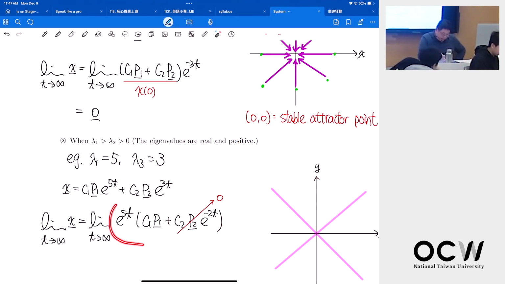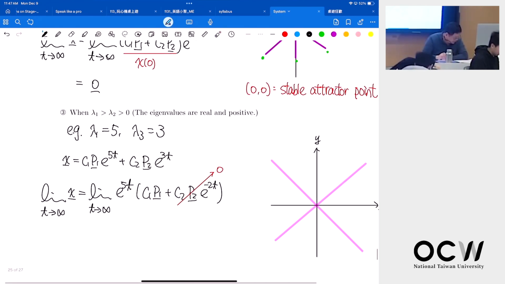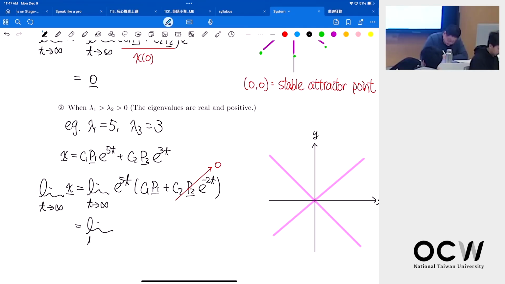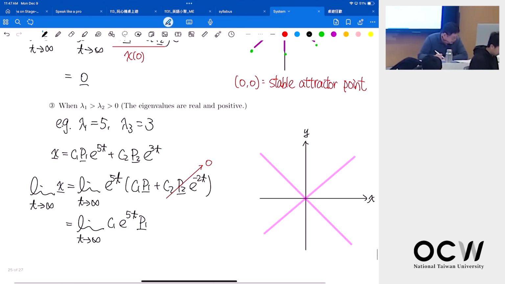Then I have the first part: when t goes to infinity, c1 e to the 5t p1 will go to plus infinity or minus infinity.